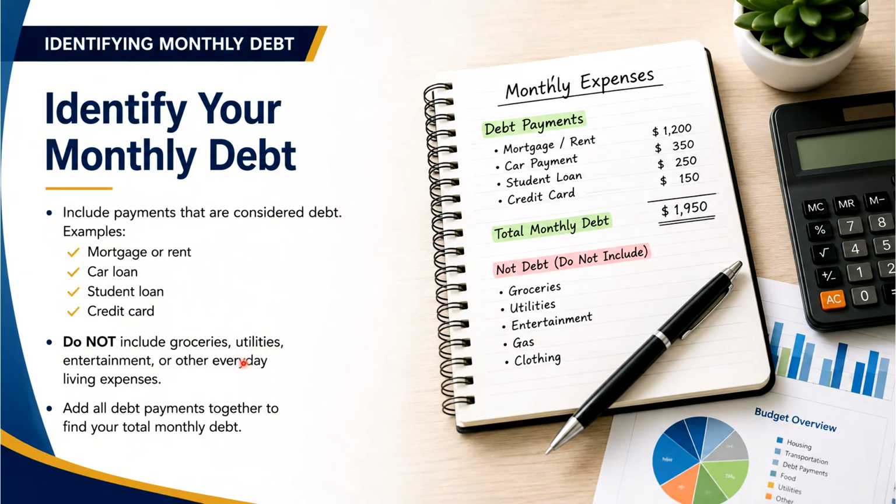Don't include expenses such as groceries, utilities, entertainment, clothing, gasoline, or other regular living expenses, because these are not considered debt for this calculation. Add all debt payments together to find your total monthly debt.